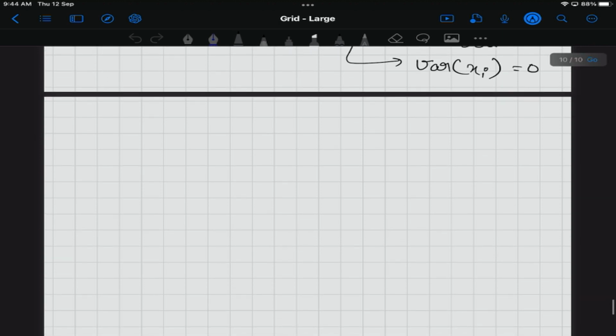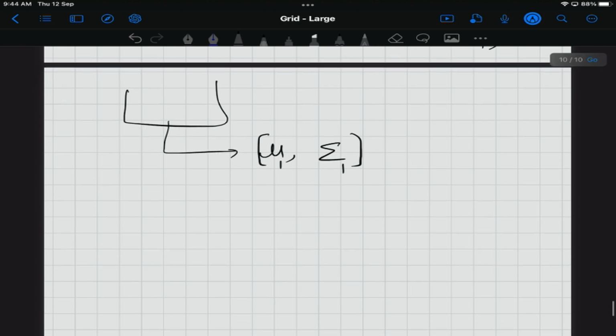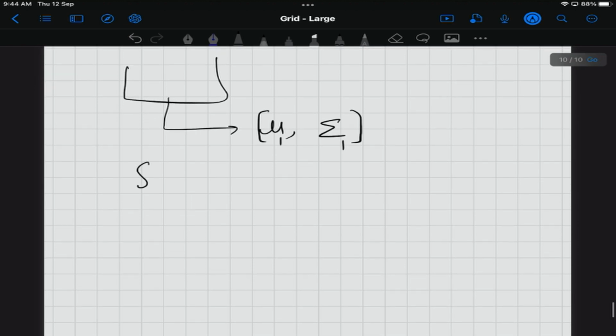So how to fit your multivariate Gaussian is the question now. Okay, so how to learn these two parameters given your data points?